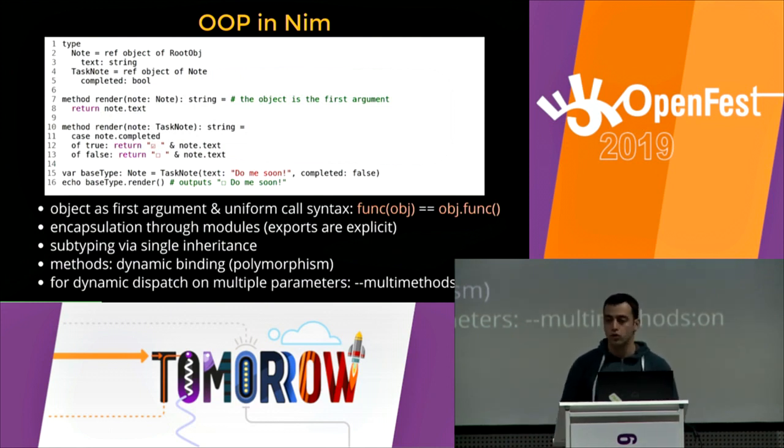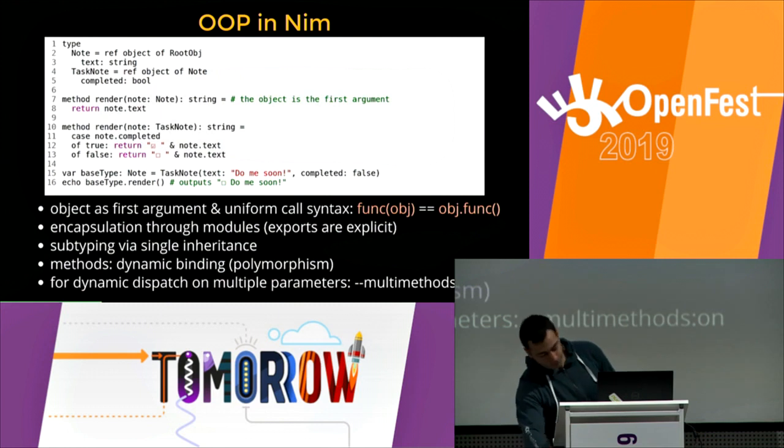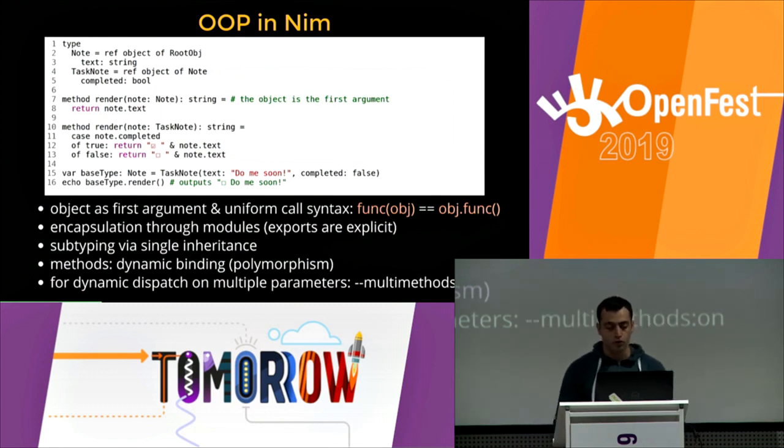So even though all of the procedures and methods take the object as a first parameter, actually we can call object.function instead of only function with an object passed to it. In Nim, if you want to have dynamic binding, basically polymorphism, you've got to use the method keyword. And then if the argument is a polymorphic type, then it will call the right function.